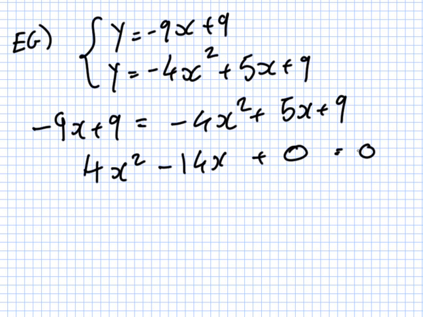What are we trying to know? We're trying to know how many solutions we have. So rather than solving it, what could I do? What formula? Discriminant. So remember, we can do this.